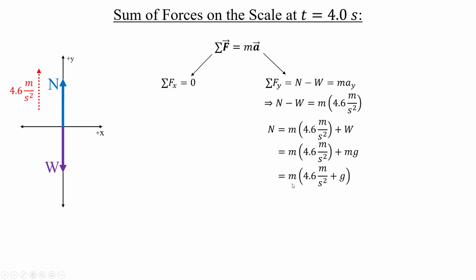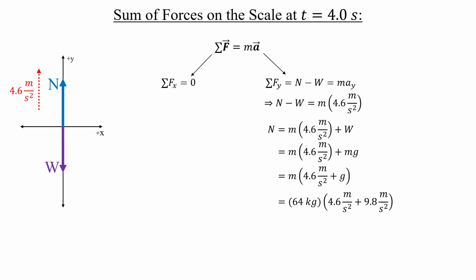So notice as the elevator accelerates upward, the scale is reading our mass multiplied by the sum of these two accelerations, g, as well as the acceleration of us speeding up as it's moving. So if we plug everything in, here's what that looks like.